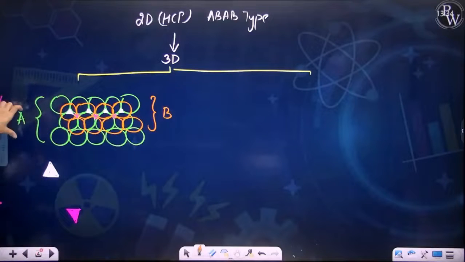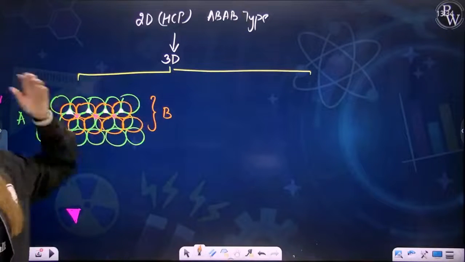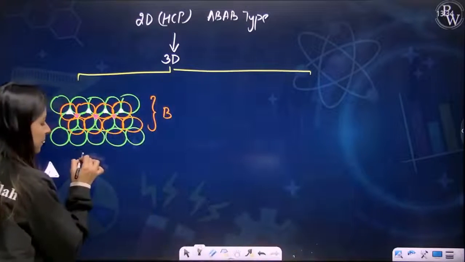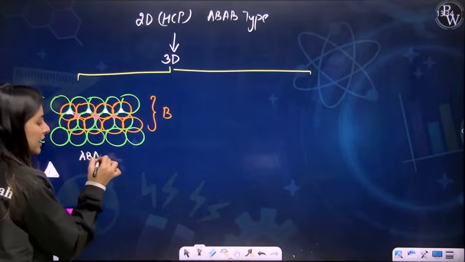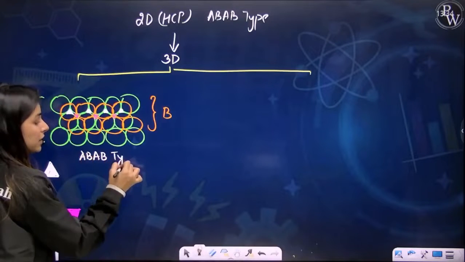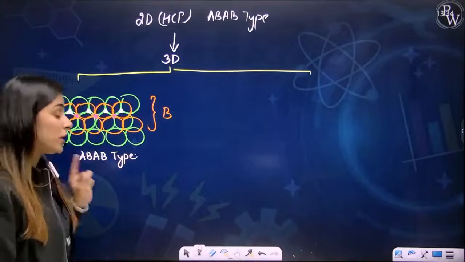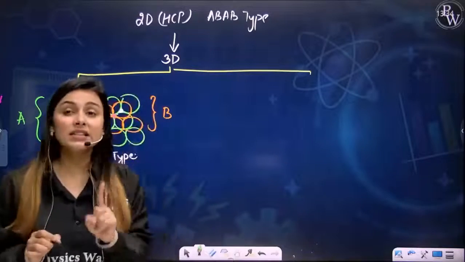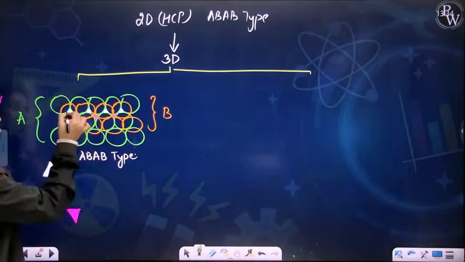After layers A and B, you put an A layer again. So this type of layering will be called A, then B, then again A, then B type of layering in 3 dimensions.